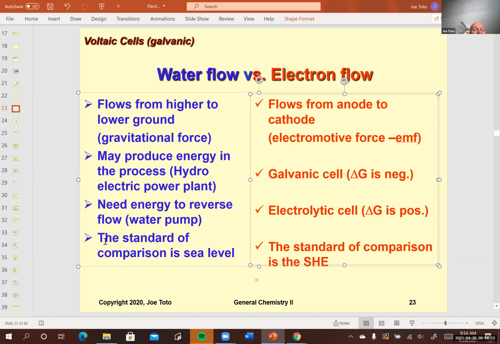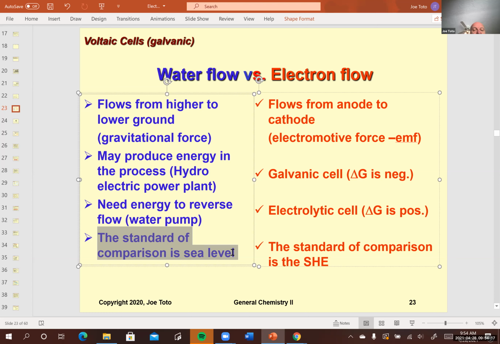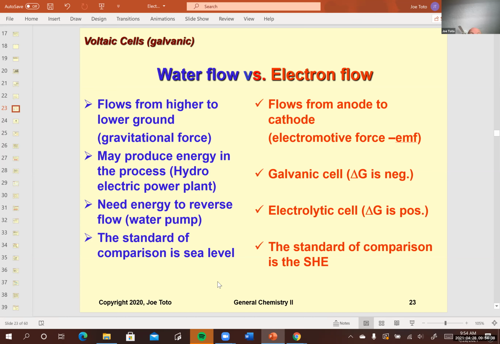And then this last thing I just slipped in there because this is what we're going to talk about next. When we want to measure the heights of mountains and things like that, we pick a standard, and that standard is often sea level. But we didn't have to pick sea level as a standard. We could have picked the center of the earth or some other reference point.